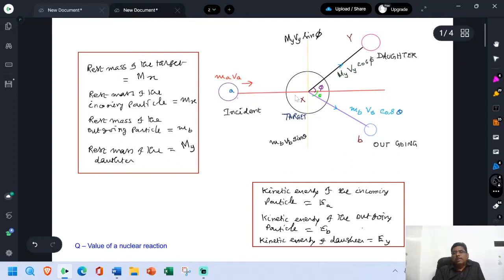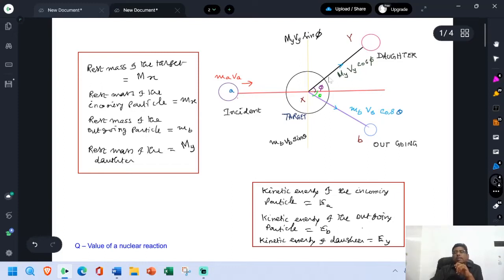Once the reaction has taken place, the outgoing daughter makes an angle phi with the initial direction, and the outgoing particle B makes an angle theta with the initial direction. Now we have to separate the momentum into two components. One is the x component of momentum and another one is the y component of momentum.